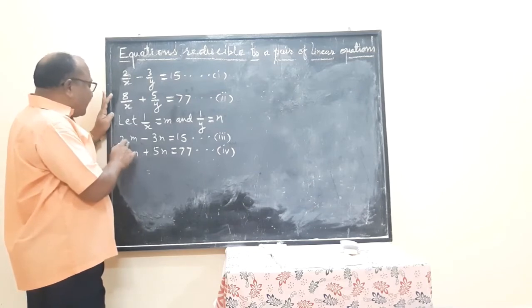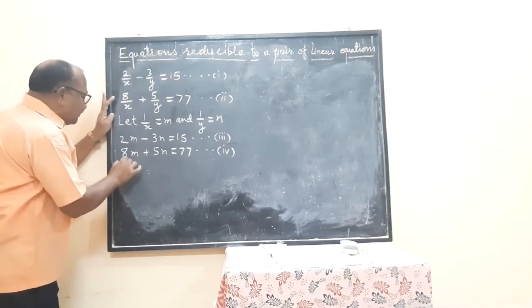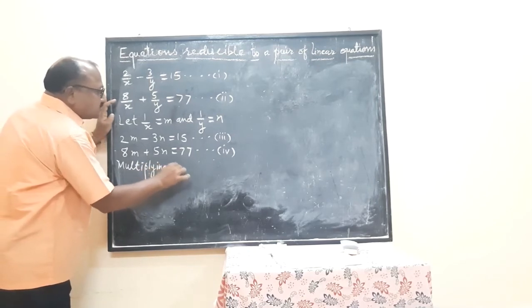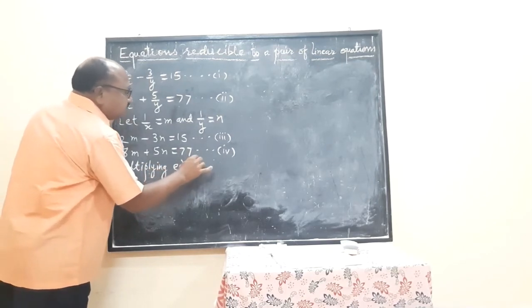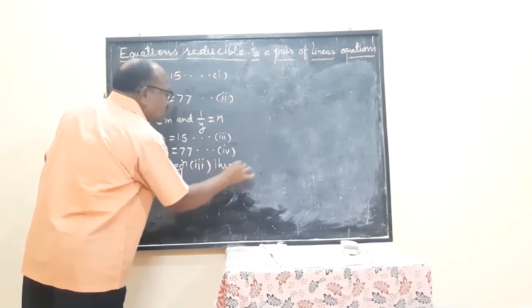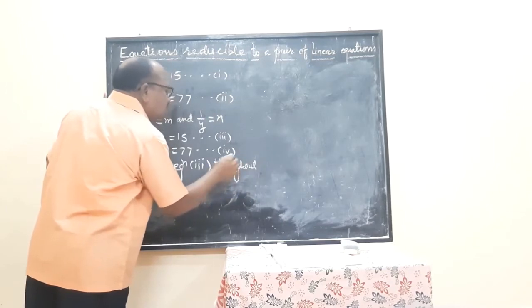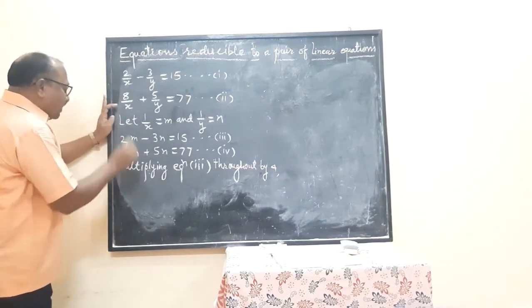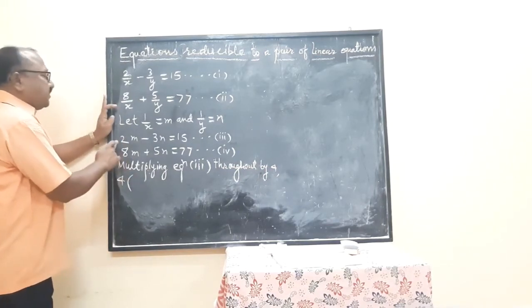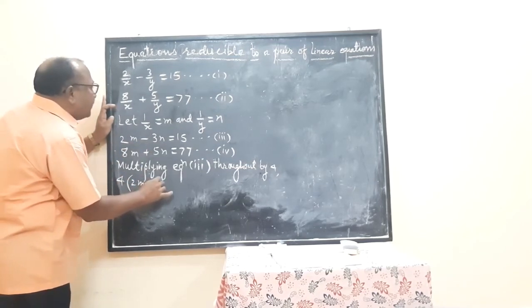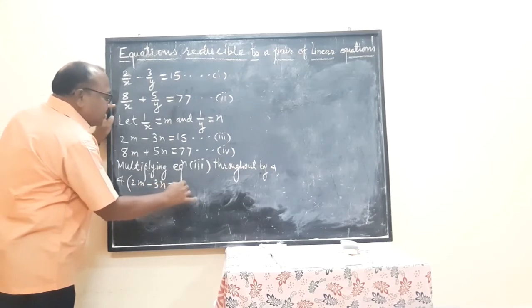So if I multiply equation number 3 by 4 throughout, then I will get, I am going to multiply this equation number 3 throughout by 4. 4 into bracket twice m minus thrice n equal to 15.